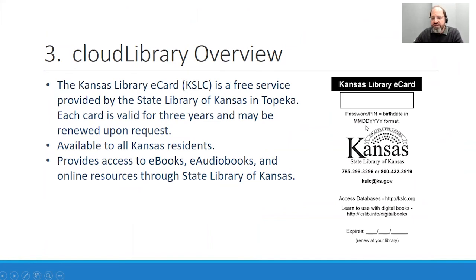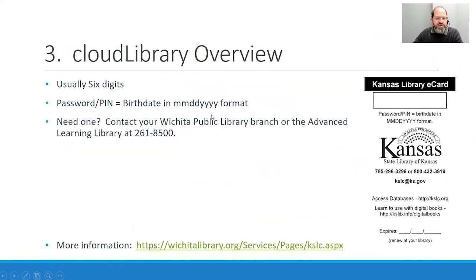That is month, month, day, day, year, year, year, year. So 2 digits for the month and day each, and then 4 digits for the year is your password. And the State Library has really good help services, and any of our branch libraries can issue a State Library account.